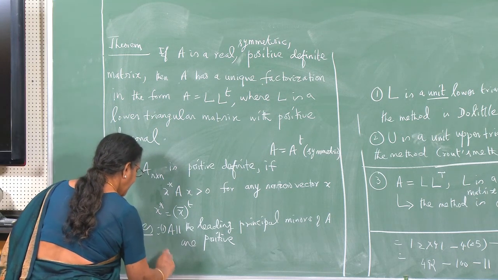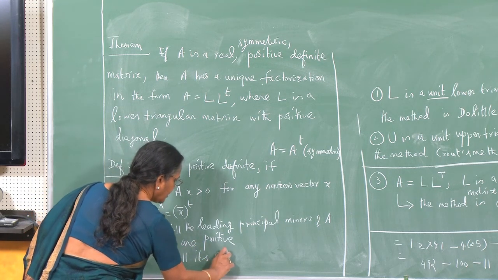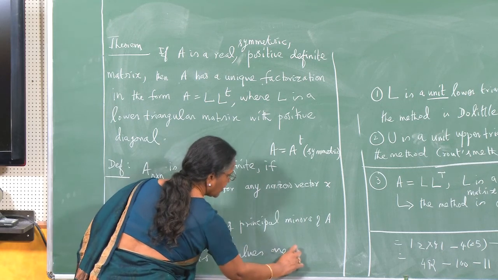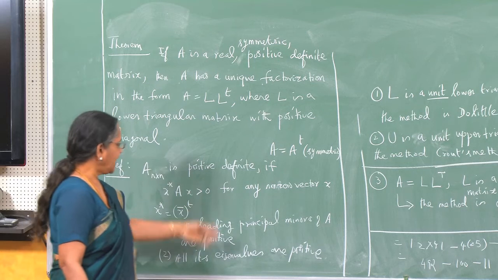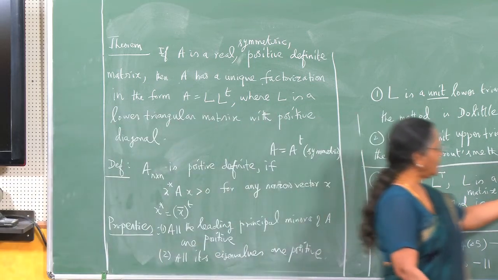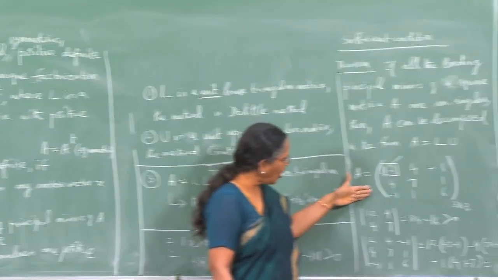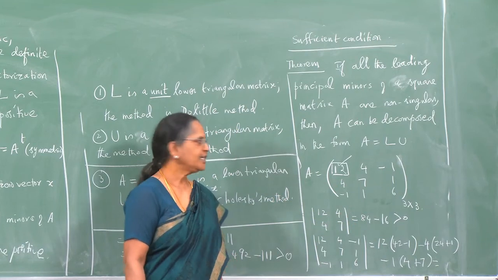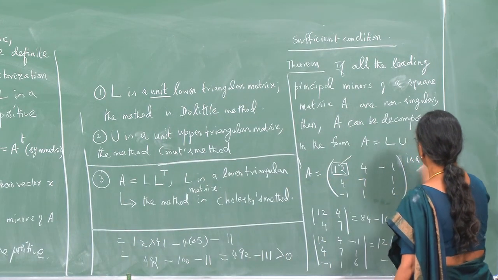And secondly, all its eigenvalues are positive. So, we observe that the given matrix A that we have taken here has all its leading principal minors to be positive, and so this matrix A is a positive definite matrix.